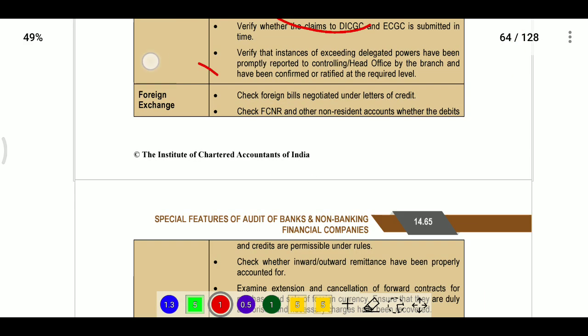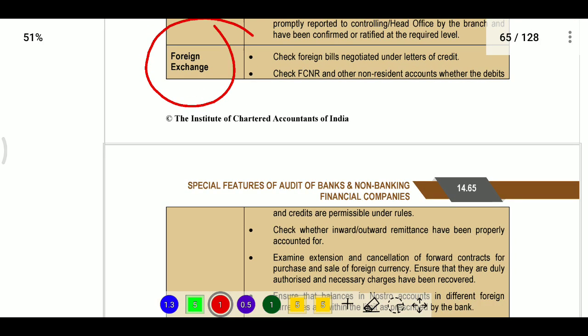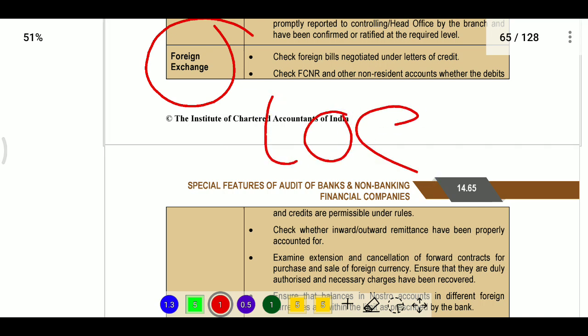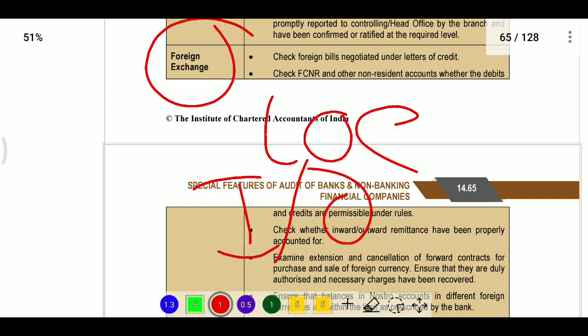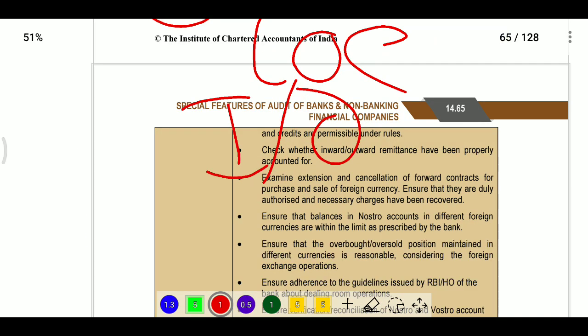Next, foreign exchange. Here, for foreign exchange transactions, these are the audit focus areas. You need to check foreign bills negotiated under letters of credit, and check whether inward or outward remittances have been properly accounted. Next, examine extension and cancellation of forward contracts for purchase and sale of foreign currency.